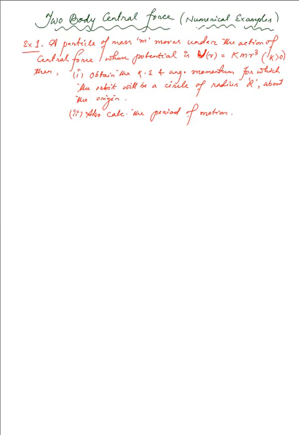From the given case, we first have the potential energy, which is kmr cube, and with the conservative force we express ∂U/∂r, which is equal to minus 3kmr square. It's the negative gradient of potential, the conservative force.